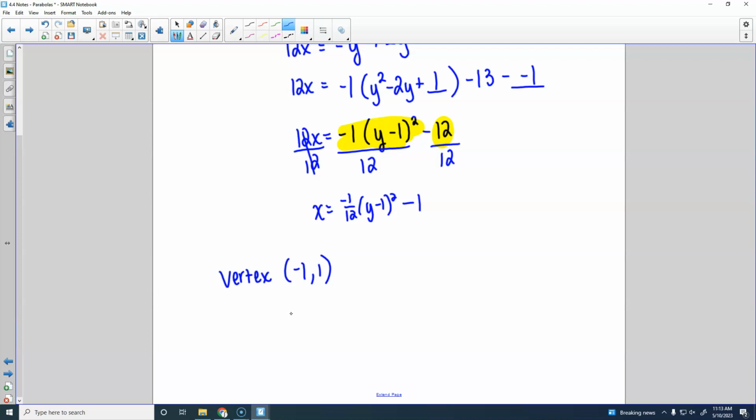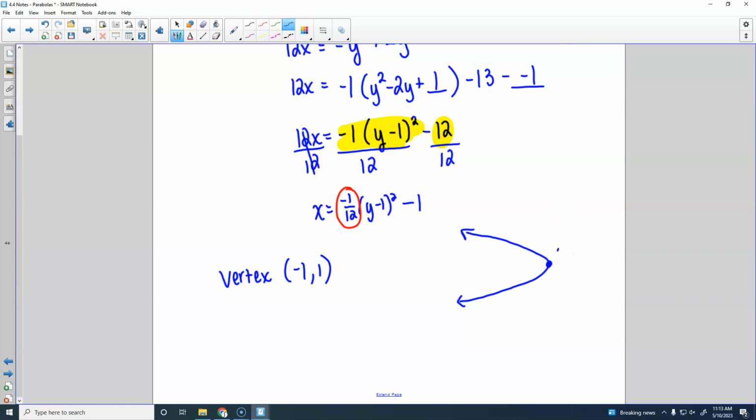Almost. At least it's going to be left. You picked one of, at least left or right, which is correct. X equals tells you left or right. Then you look at this number right here, your A value. If it is negative, it's going to be to the left. If that number is positive, it'll open to the right. Okay? So this one is going to open to the left.